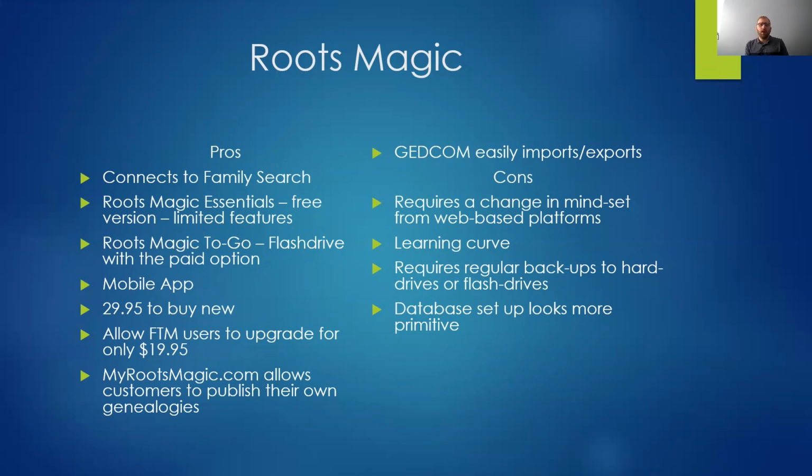One of the paid features that I'm really excited about, if I decide to pay for RootsMagic, is RootsMagic to Go. It allows you to export RootsMagic to a flash drive, and you can use it on the go. You can use it on a desktop computer if you decide to go to a library and do research. There's also a mobile app.